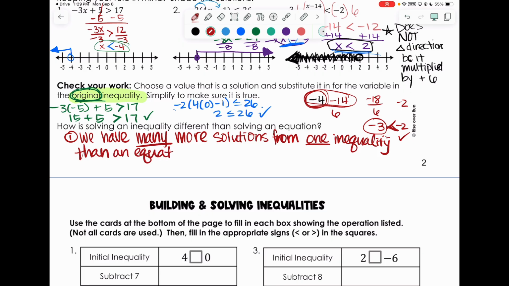An equation has how many? One or none or infinitely many, right? But an inequality is much more than just one solution. It's either one half of the solution or the other half, right? Okay. What else?